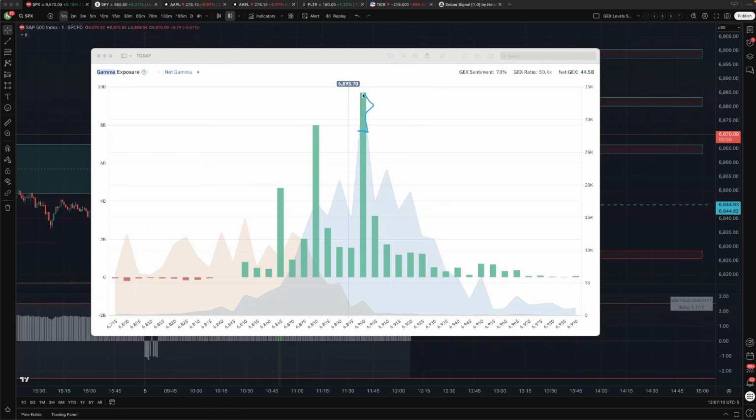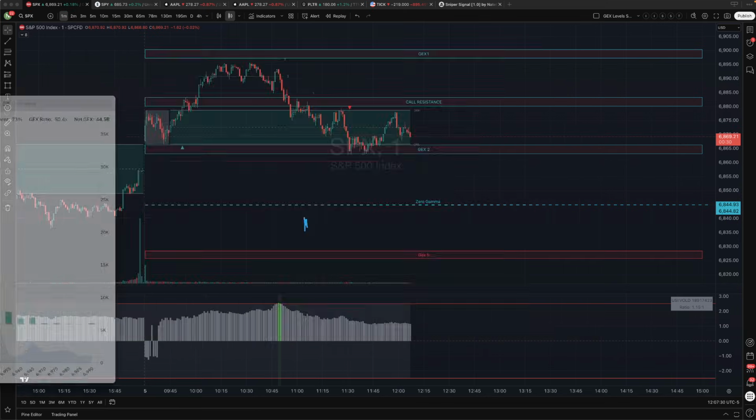But when the market opened today, it was about this level here. So this was the largest gamma exposure level, and price was down in here as we came up into this largest gamma exposure level. And we're going to come back to that chart here in a second.